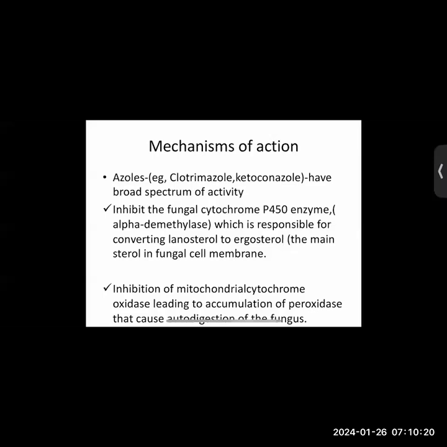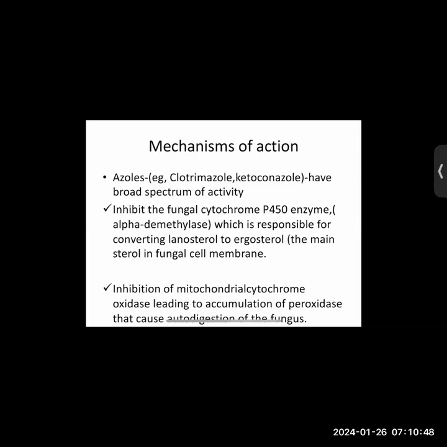Next slide. Mechanism of action. The azoles, examples of which are clotrimazole and ketoconazole, are broad spectrum antifungals. They inhibit the fungal cytochrome P450 enzyme alpha demethylase, which is responsible for converting lanosterol to ergosterol, the main sterol in the fungal cell membrane.